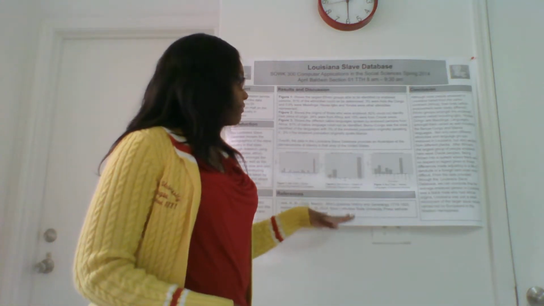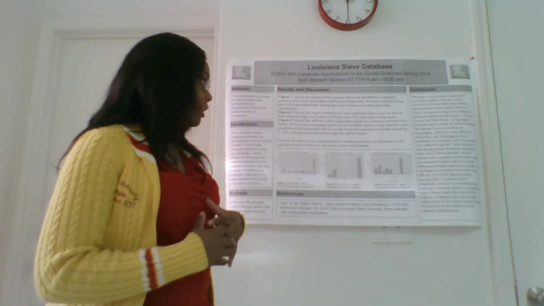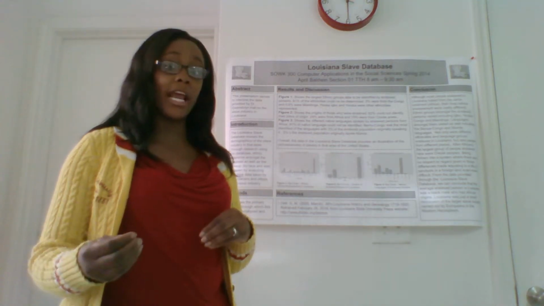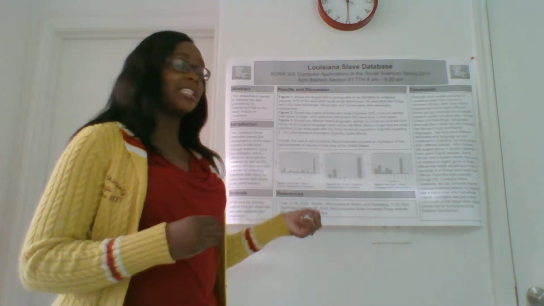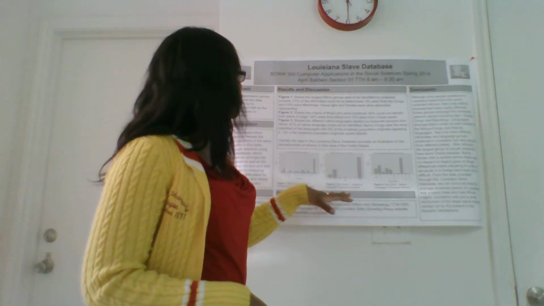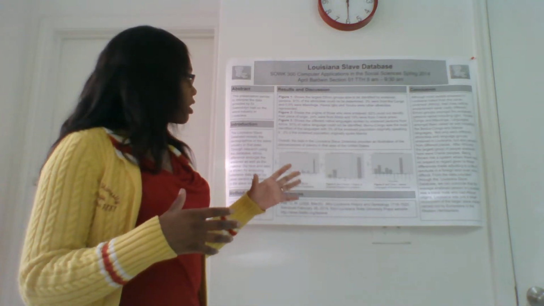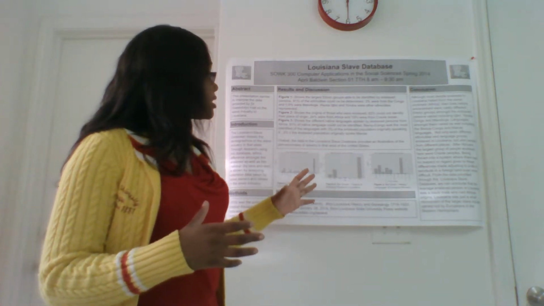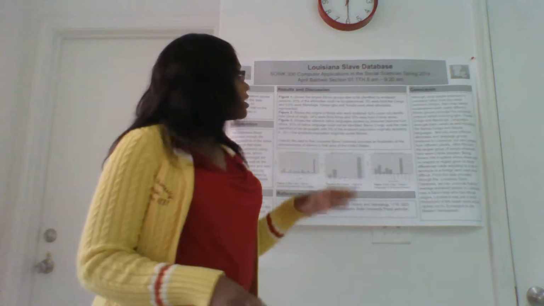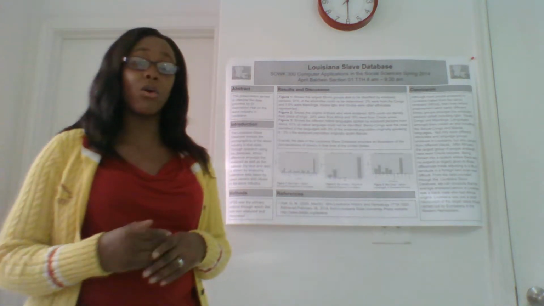So most of the people who were enslaved in Louisiana were not able to be identified from their place of origin. It said that 62% of the people who were enslaved could not identify their origins.